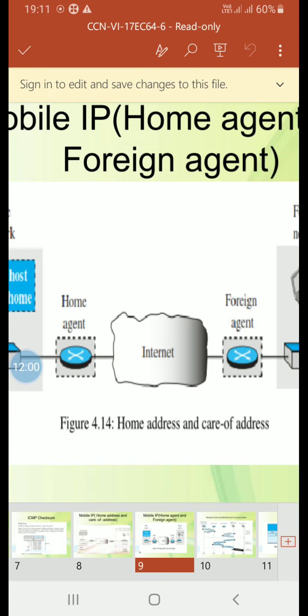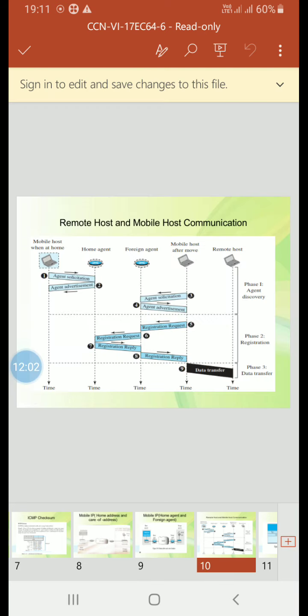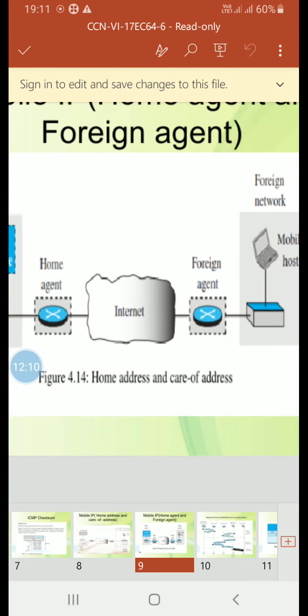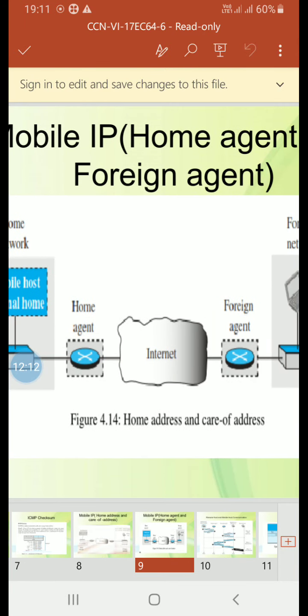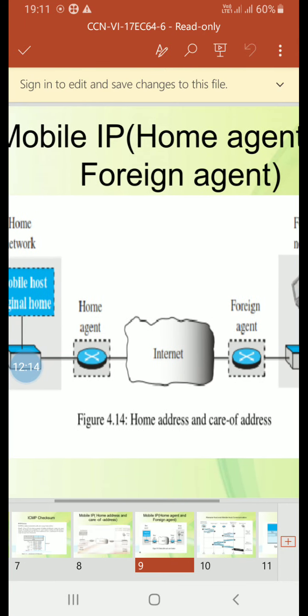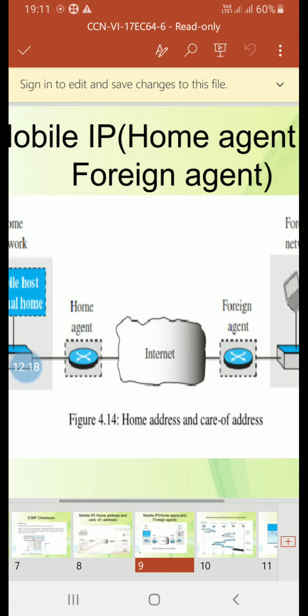Home agent. It is usually a router attached to the home network of the mobile host.